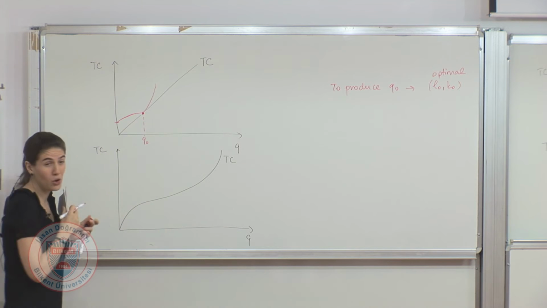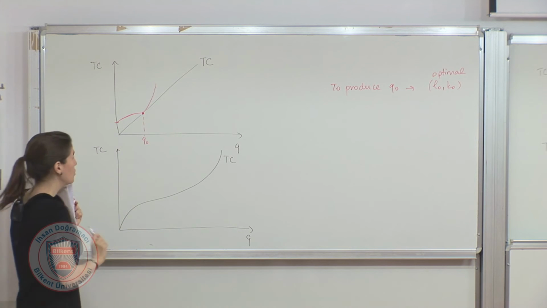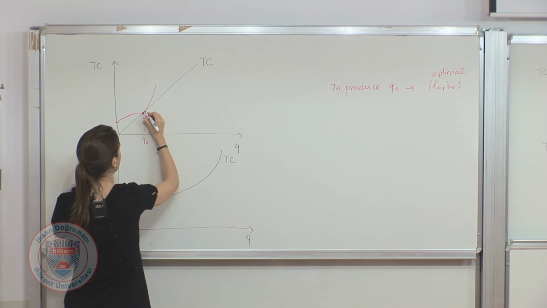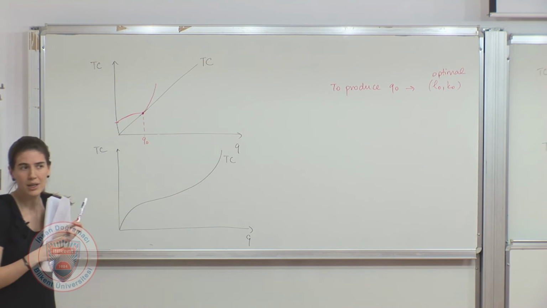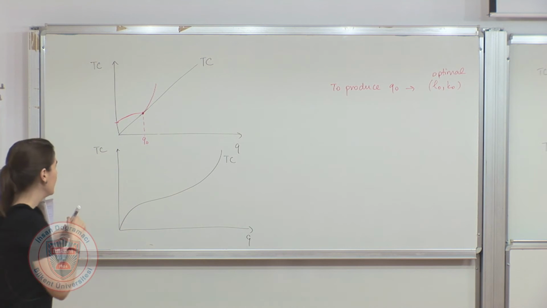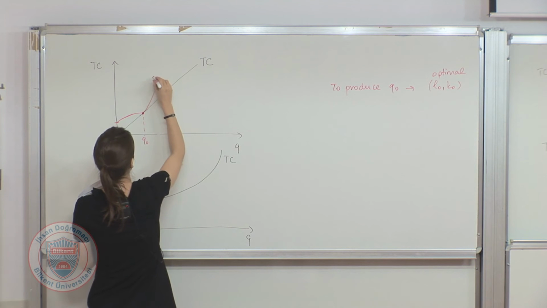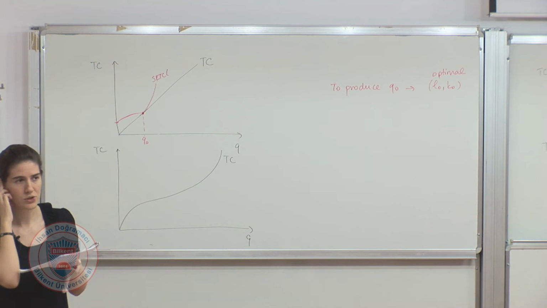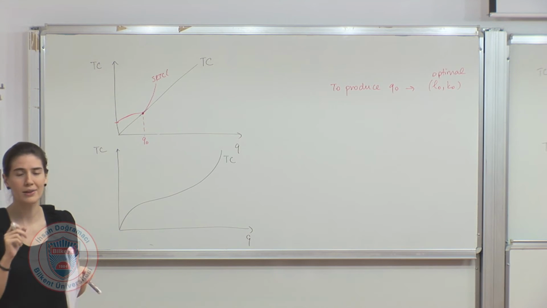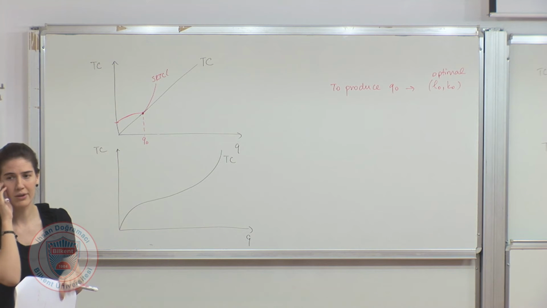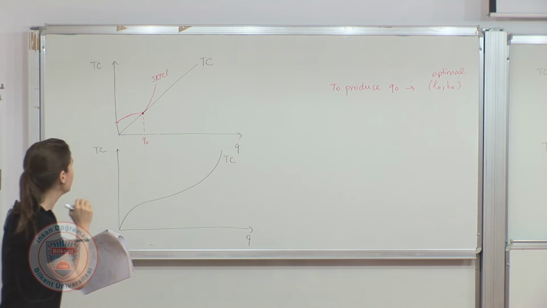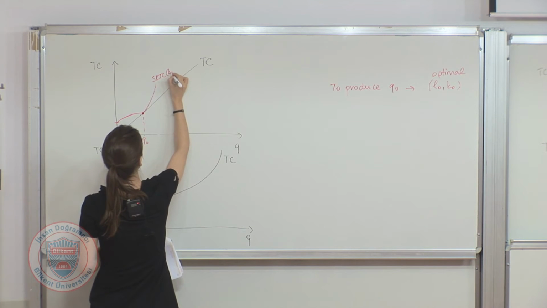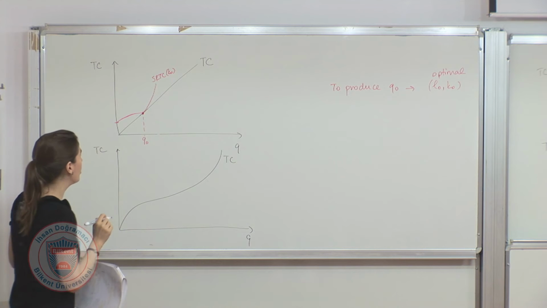It's going to be tangent to the long run total cost curve at that Q0 point. Then what should I write for this short run total cost curve, at what point? Suppose I would like to write down the capital amount there. What should I write? K0, right? So we can write these short-run total cost curves.